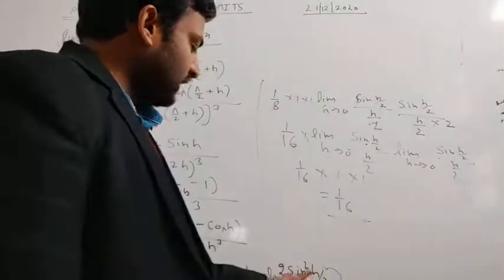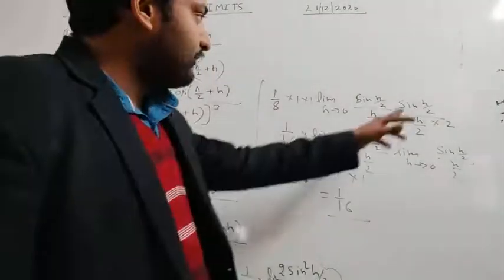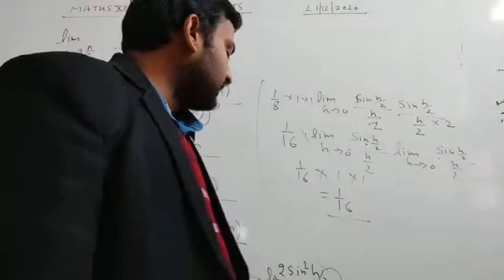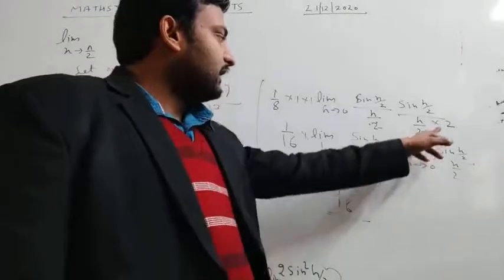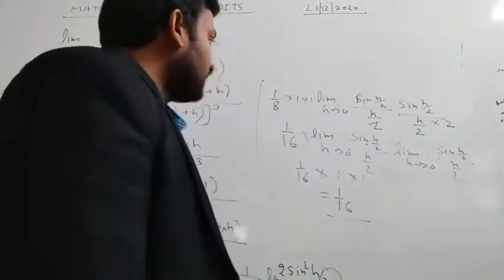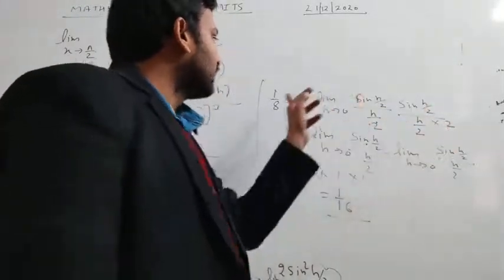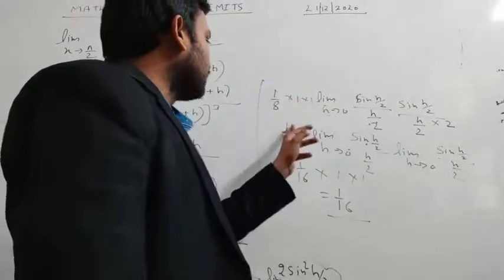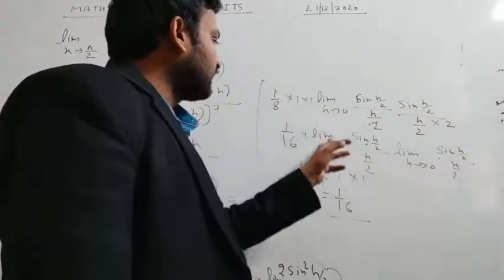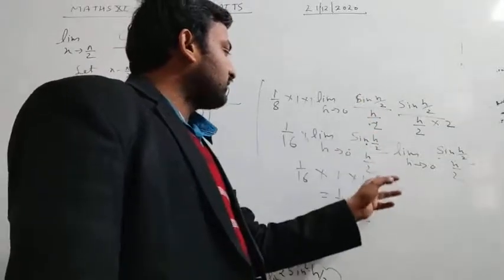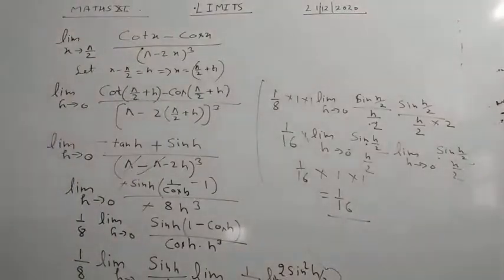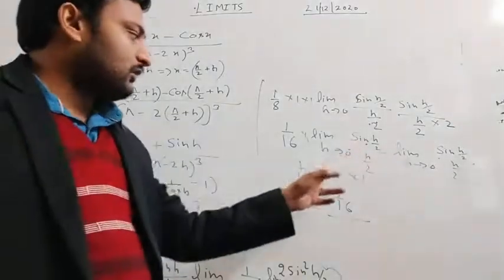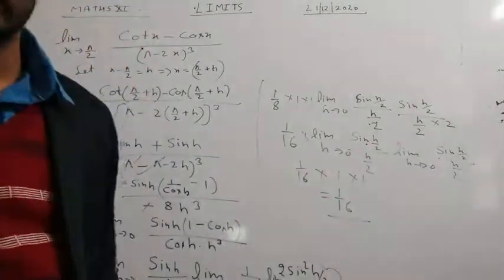Now this sin square h by 2 we write as sin h by 2 twice, and this h is written again here, multiplying and dividing by 2 and 2. So this 2 comes here, and we write 1 by 16, limit h tends to 0, sin h by 2 by h by 2, limit h tends to 0, sin h by 2 by h by 2. Okay students, so this will be 1 and 1, so the result will be equal to 1 by 16.